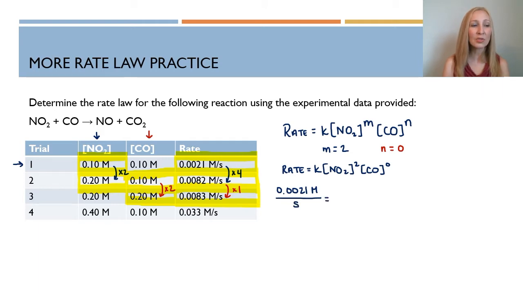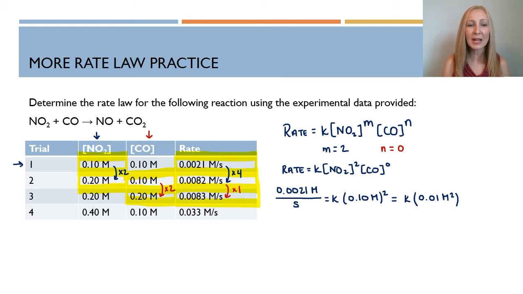So I'm going to use trial 1 to solve for K. So I'm plugging everything in here. I have 0.0021 molarity per second equals K times 0.10 M squared. I'm going to leave out the CO stuff. I don't need that. So 0.10 squared is 0.01, and M to the second power is M squared.